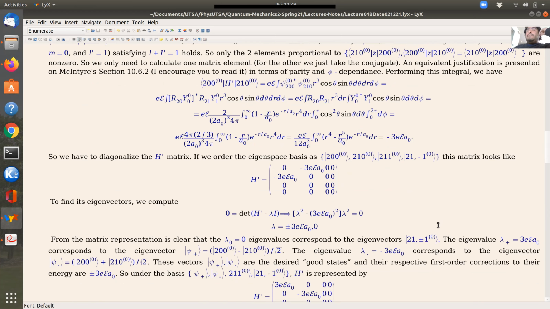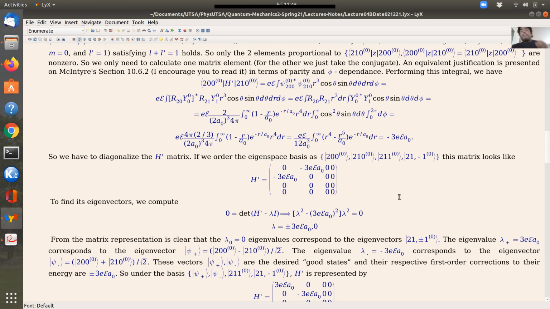Now, we know that we have to diagonalize the matrix of the perturbation in the degenerate space, but before that, we have to know the eigenvectors, and that means to also calculate the eigenvalues by means of a characteristic polynomial.